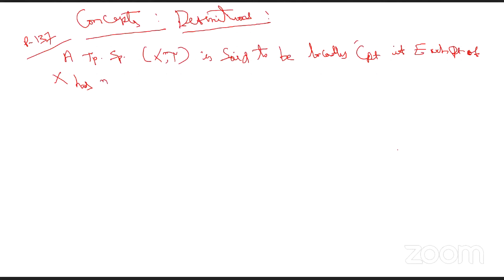Page number 137. Here, NBD means neighborhood and CPT means compact.